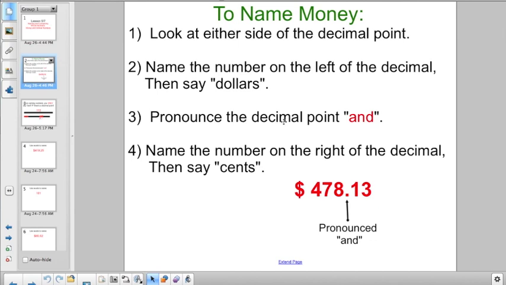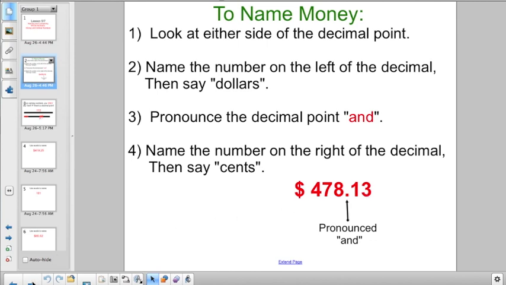Then pronounce the decimal point and. So $478 and then name the number on the right of the decimal and say cents. $478 and 13 cents, right?